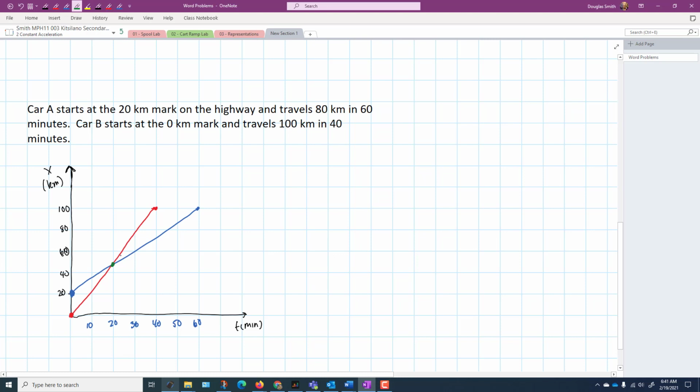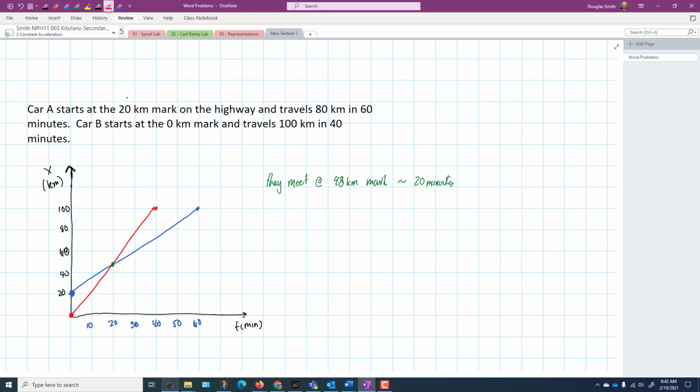It looks like 20, but I'm not 100% sure. We could say they meet at, it looks like around 48 kilometer mark, at around 20 minutes.